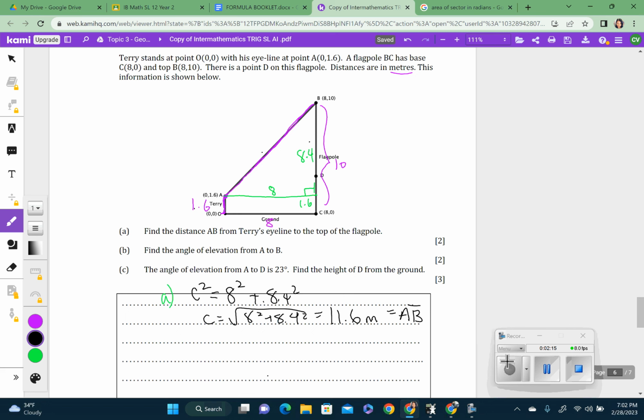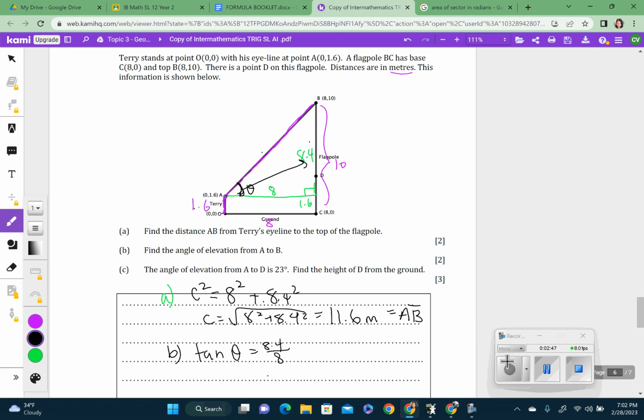All right. For part B now, it says find the angle of elevation from A to B. So from A to B, which is this angle right here. So we know that this is 8 and this here is 8.4. So we can use tangent because again, we have a right triangle. So the tangent of the angle that we're looking for, I'm going to call this theta, is equal to opposite over adjacent. Opposite is 8.4 divided by adjacent, which is 8.